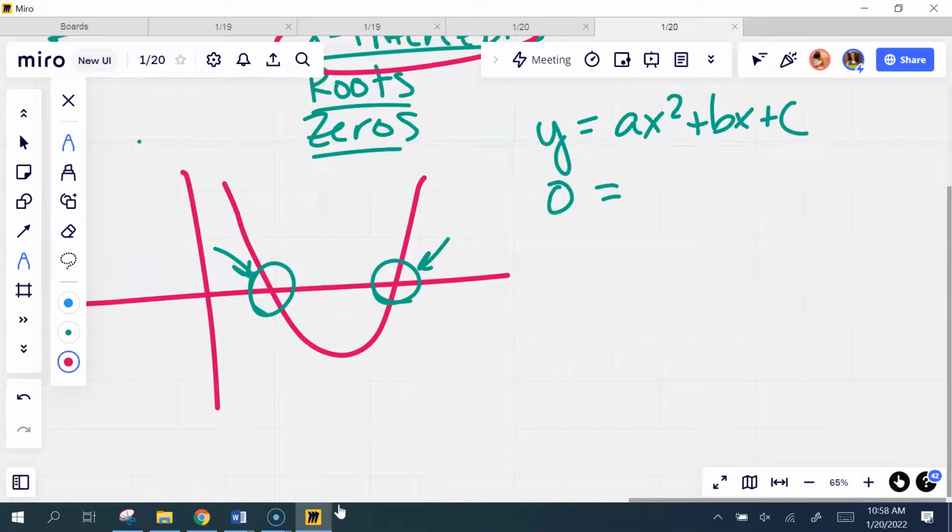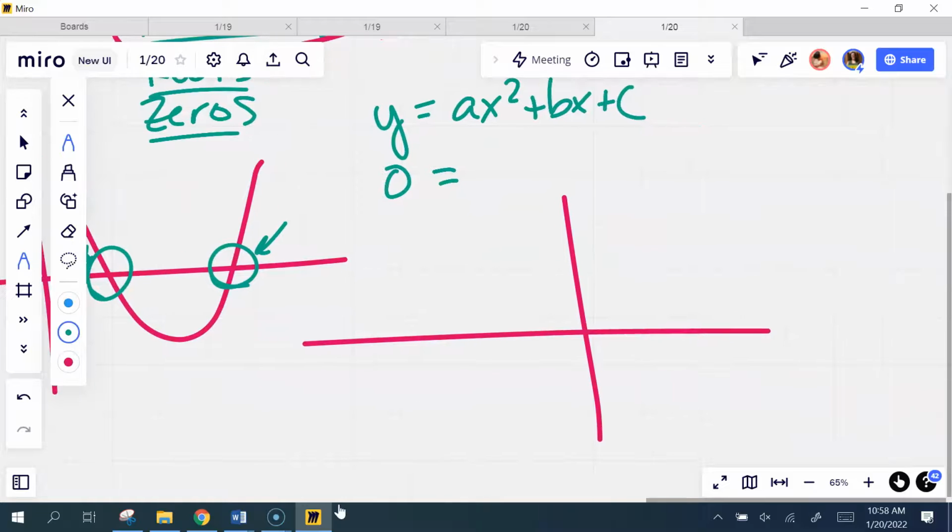I could also be in a scenario where, what's happening here? There's only one solution because it's only touching the x-axis one time. What point is touching the x-axis? What's that called? The vertex. When the vertex sits on the x-axis, that's a one solution scenario.